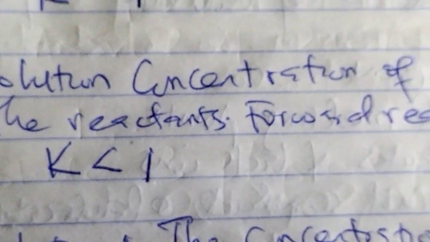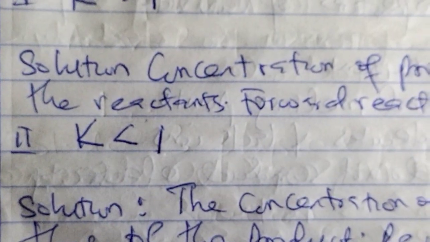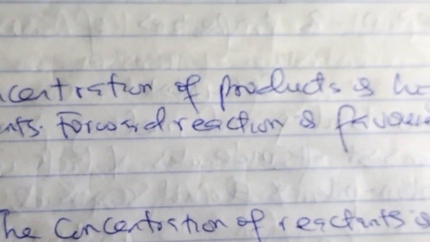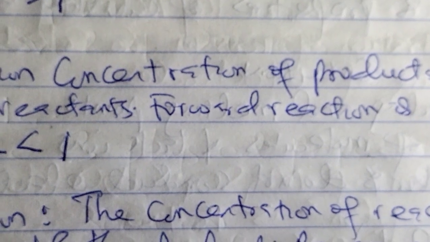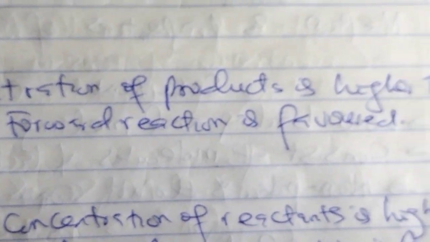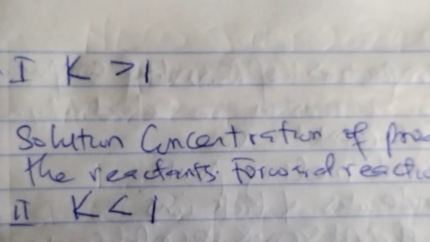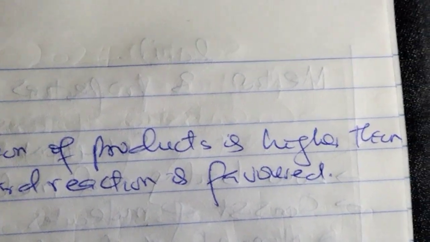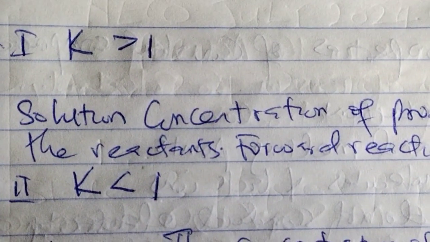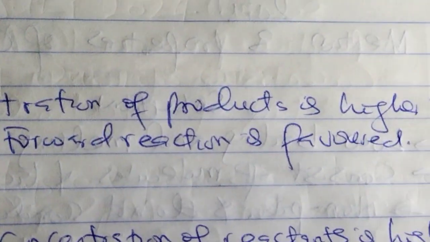Solution: it means that the concentration of the products is higher than the concentration of the reactants. That means forward reaction is favored. So when K is more than 1, the concentration of the products is higher than those of the reactants, and also forward reaction is favored.